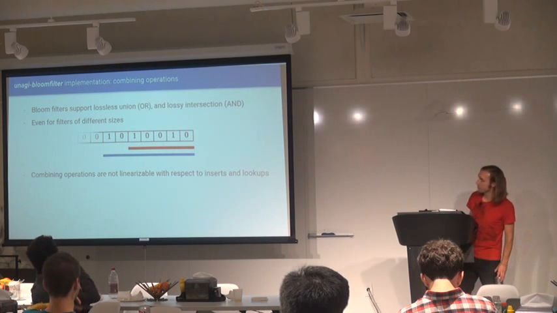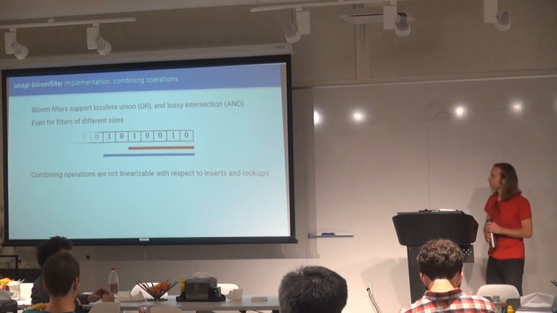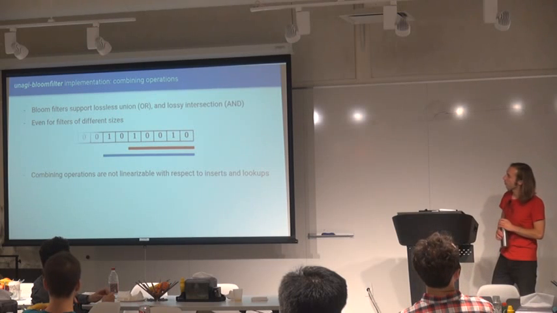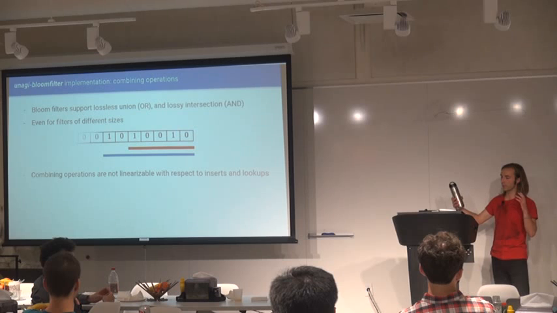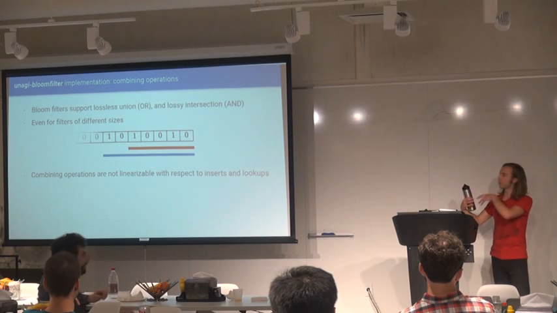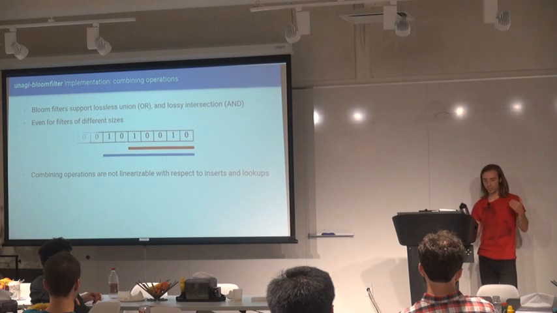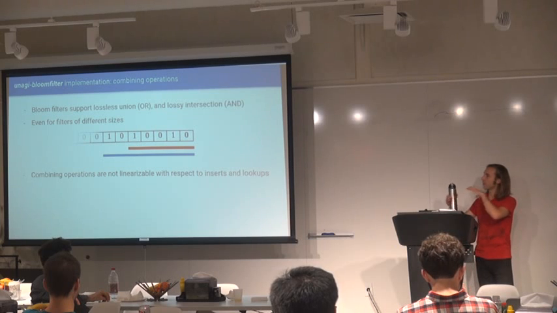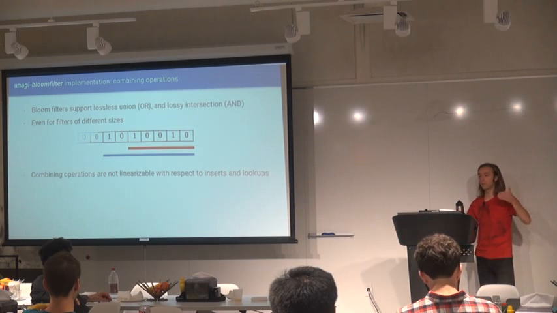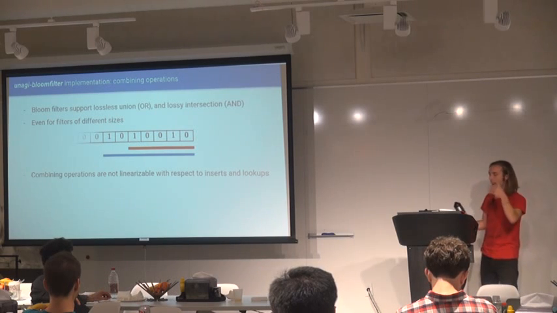This is where I was going to talk about linearizability. I was trying to explain this to Carter a little bit. During a clone or a union, when we're unioning Bloom filter A into Bloom filter B, if we're inserting into Bloom filter A at the same time, the elements being inserted during that union operation may or may not appear in the resulting Bloom filter at random.